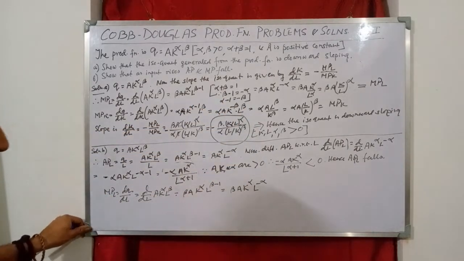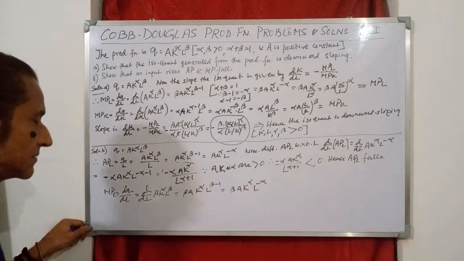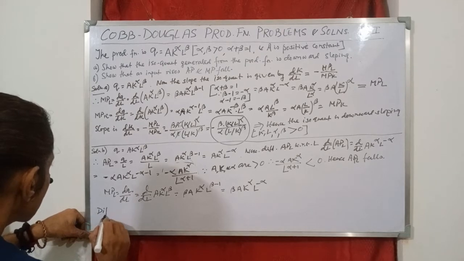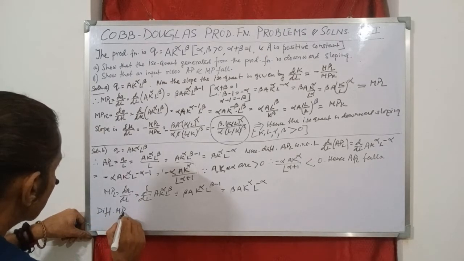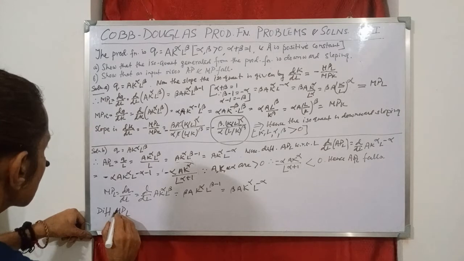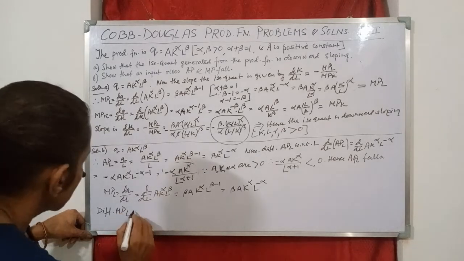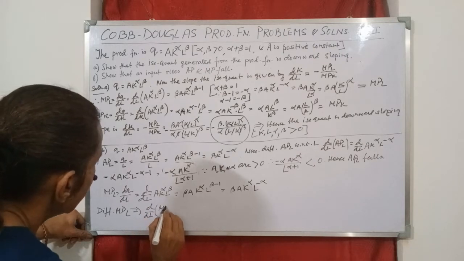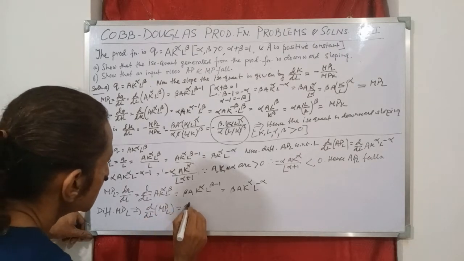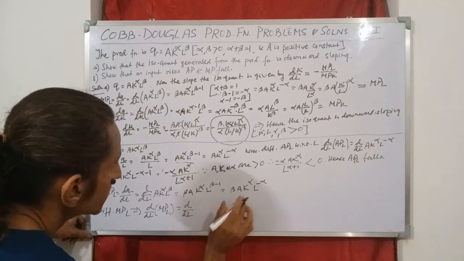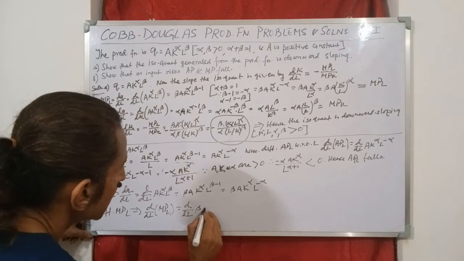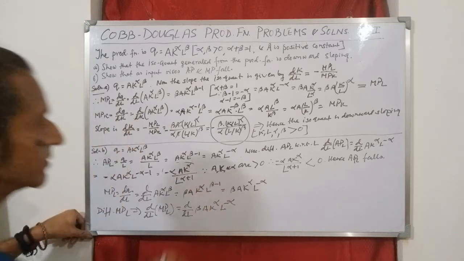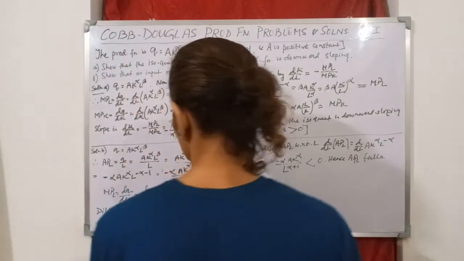Now we have to differentiate MPL again. Now differentiating MPL, d/dL of MPL equals d/dL of this, beta A K to the power alpha L to the power minus alpha, right?